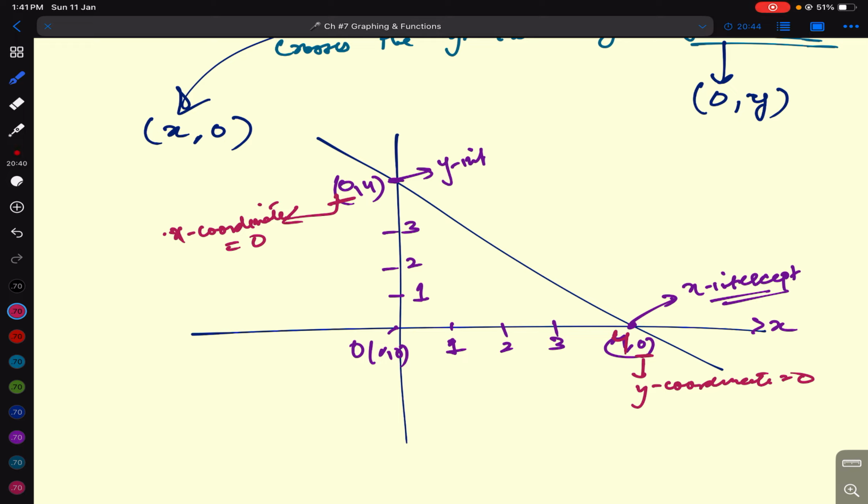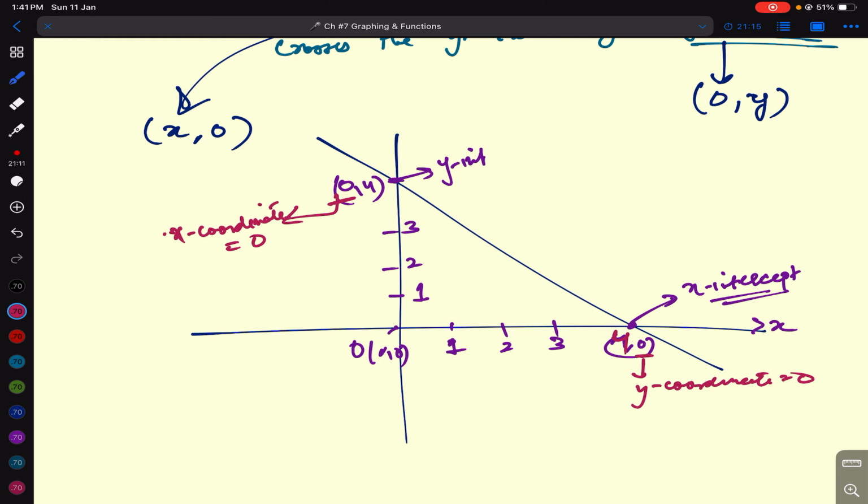Let me quickly summarize. We need a minimum of 2 points to figure out the graph of a linear equation, and those 2 points are the x and the y-intercept. The x-intercept is where the line meets the x-axis, and the y-intercept is where the line meets the y-axis.